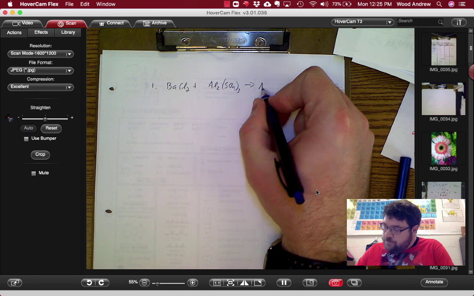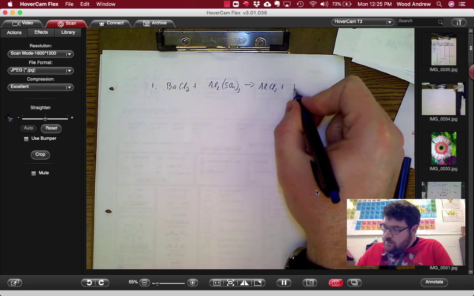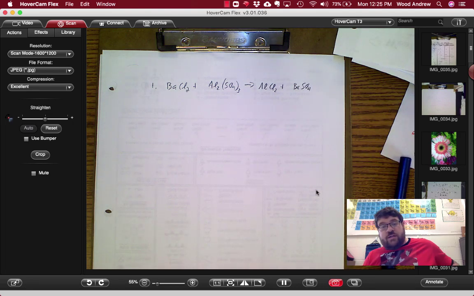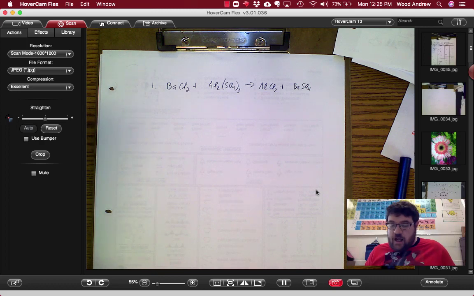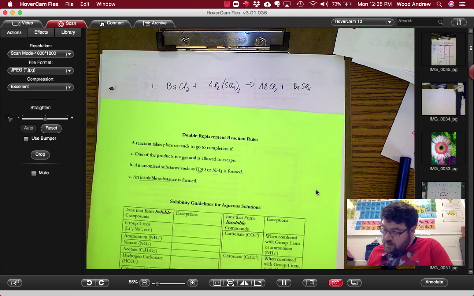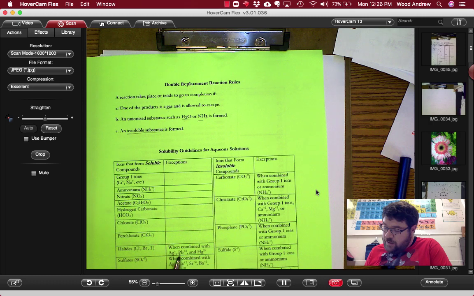We'll get aluminum chloride and barium sulfate. And remember, one of those has to be not aqueous for this to work. So we look here and we see that halides, so like aluminum chloride, are all soluble except silver, lead, and mercury.